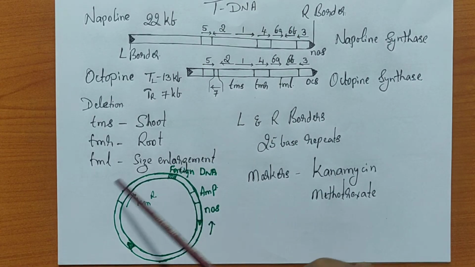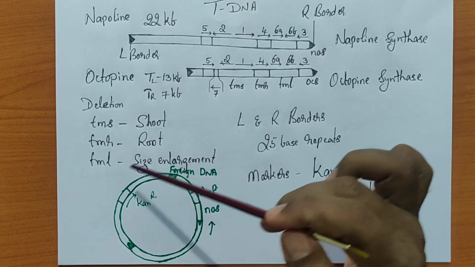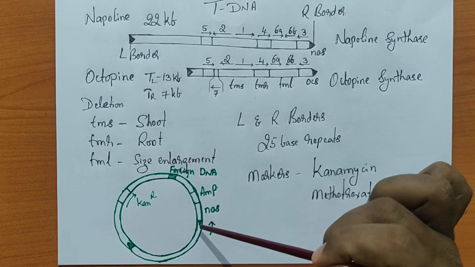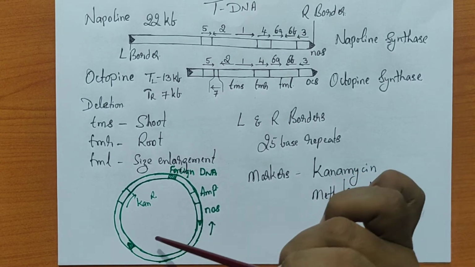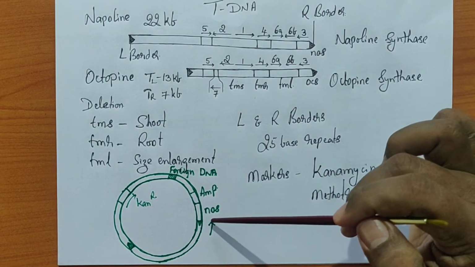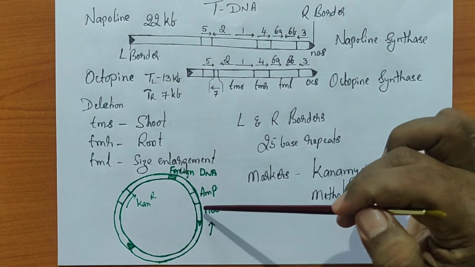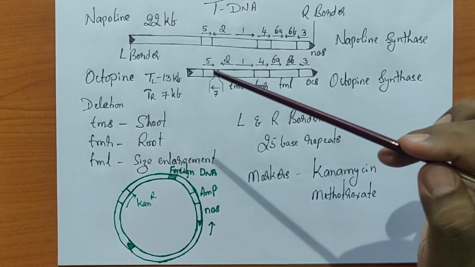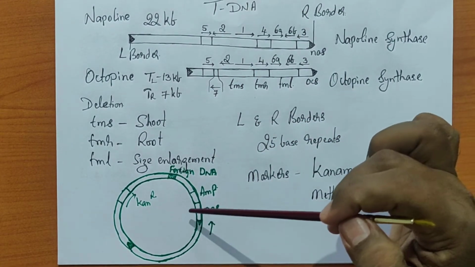In the case of plant vectors, usually we have pBR322. In pBR322, we are going to incorporate these border sequences. So in order to do the selection, how are you going to identify that you have a clone? Now we are going to have the NOS, for example nopaline synthase. Because of the presence of this NOS, we can characterize the clone by identifying the nopaline product.